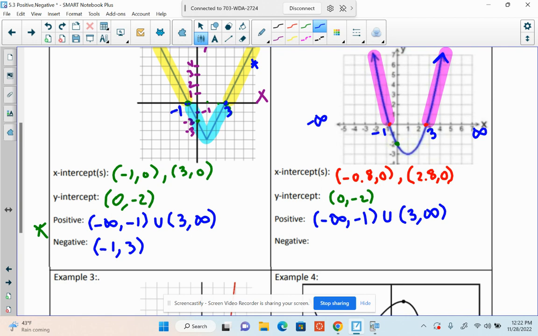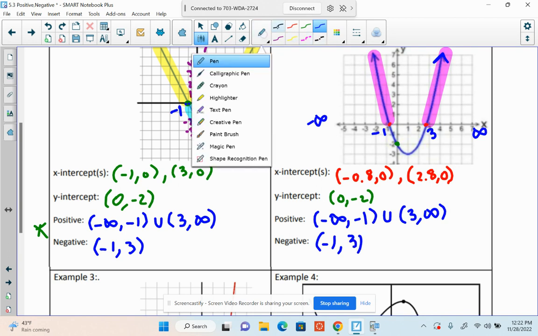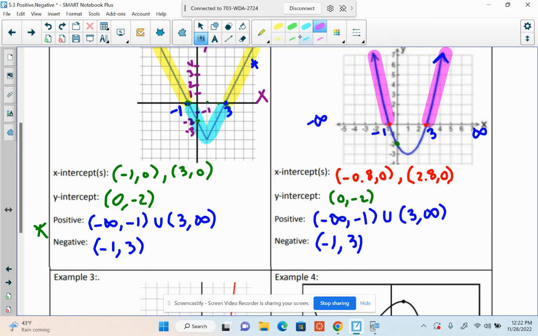And then negative, well, it's going to be in the middle between the -1 and the 3. Right? We'll highlight that. Where is it below the x-axis? Right in here. From x equals -1 over to x equals 3, which is this right here.